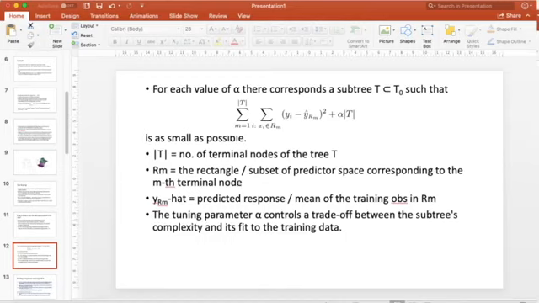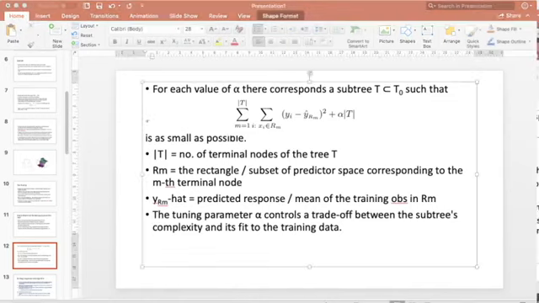The subtree complexity is given by |T|, because the higher the |T|, the more terminal nodes you have, and you're going to have a higher model complexity. And on the left part, this is the fit to the training data, how fit the model is to the training data. The lower it is, the better the fit.